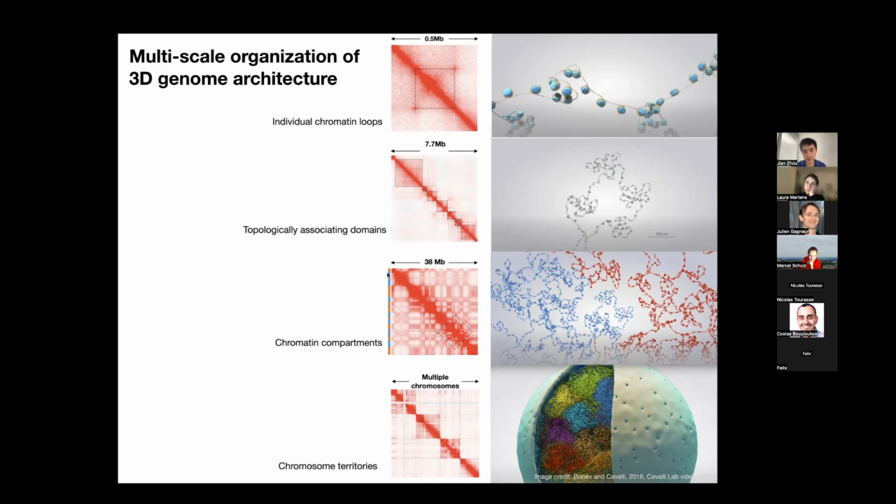And compartment A and compartment B are also labeled by color here, right? Like everything in biology, the structure is always highly relevant to function. And we know that the chromatin compartment is highly related to gene expression. Compartment A is enriched in active genes, and compartment B is enriched in inactive genes or gene deserts, right?